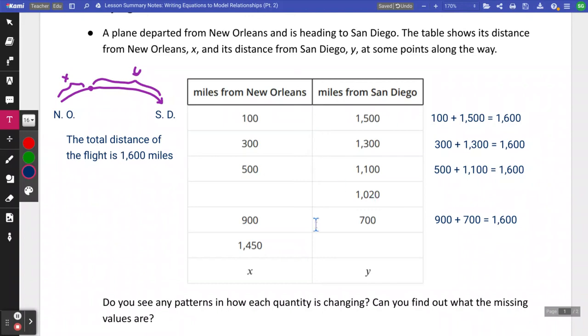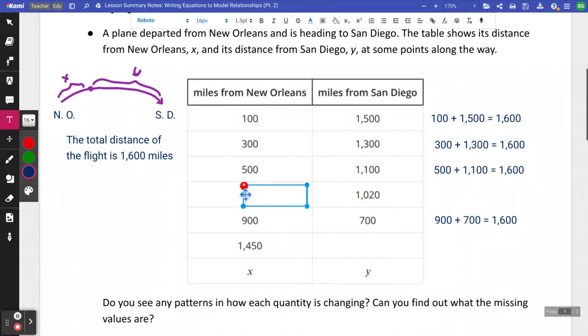Now, regarding this question, now that I know what this relationship is, it can really help me figure out those missing numbers there. If I know that this number here plus this number over here, so 1020, should equal 1600, that information is going to help me figure out this missing number. What am I going to need to do to actually calculate this missing number here?